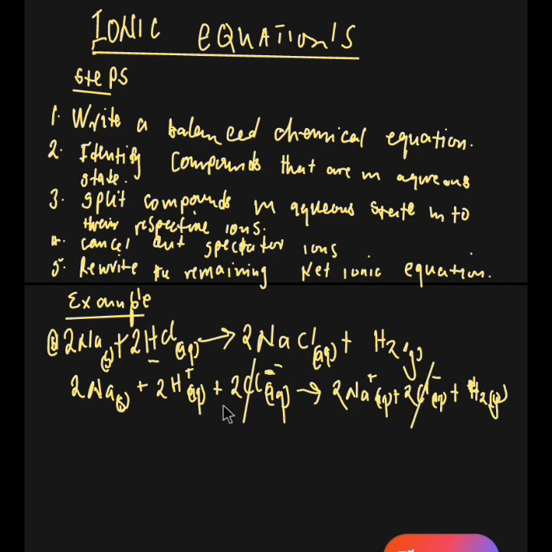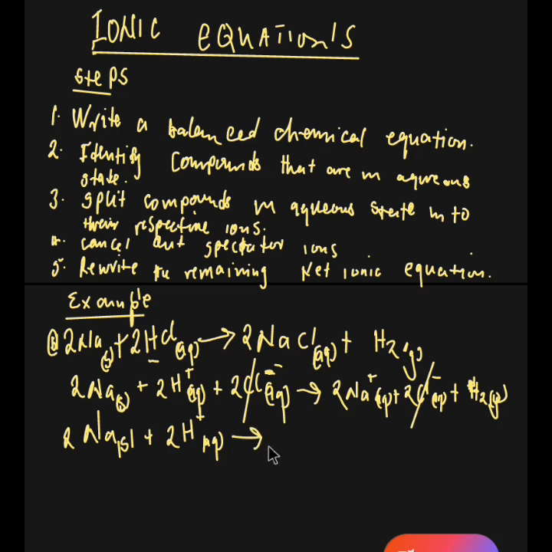Now that you have cancelled out spectator ions, you move to step number 5, where you are expected to rewrite the remaining net ionic equation. So you are going to just copy everything that you haven't cancelled out. So sodium in solid state, then you move to hydrogen ion, which is in aqueous state.